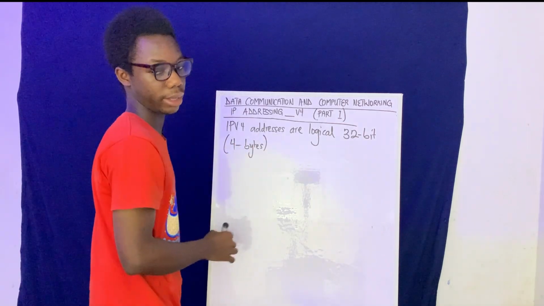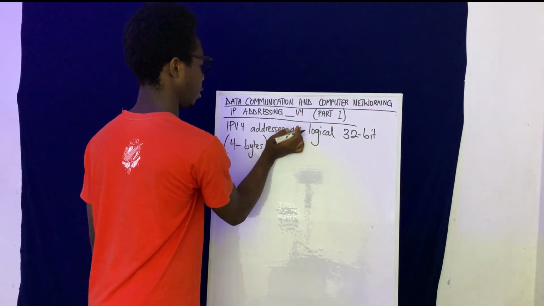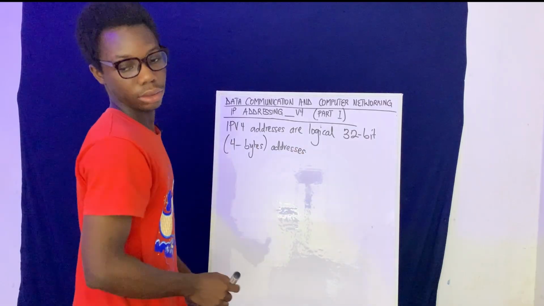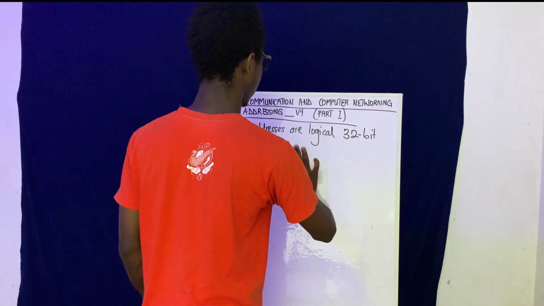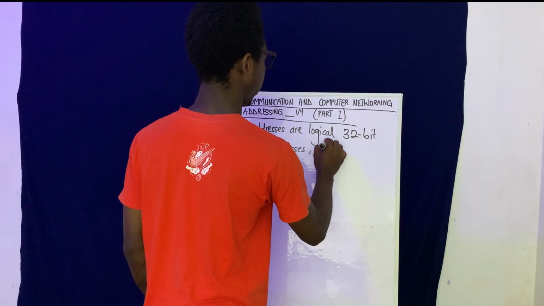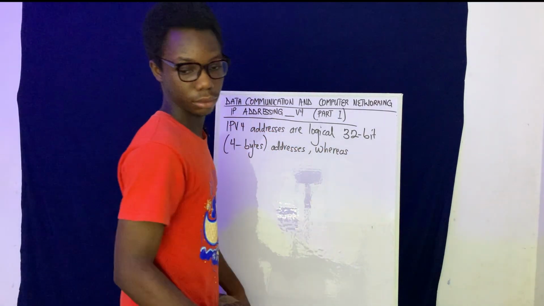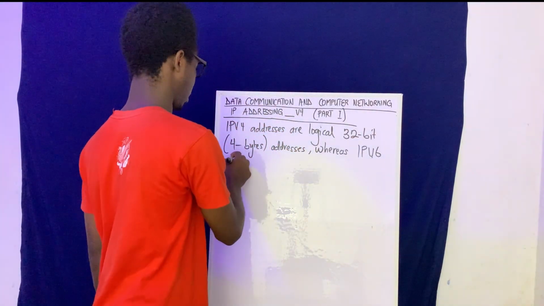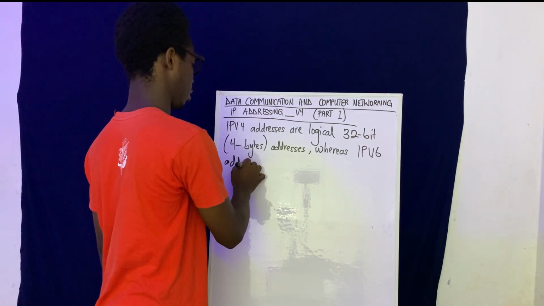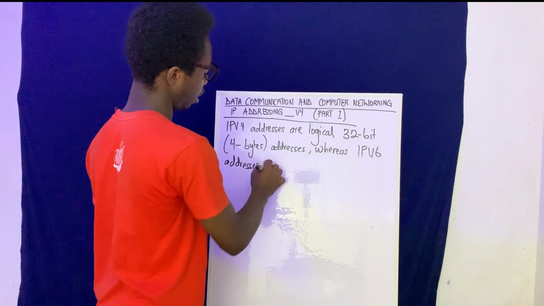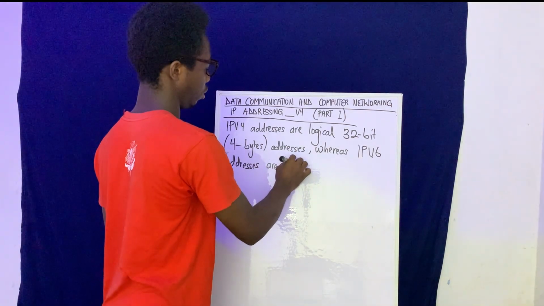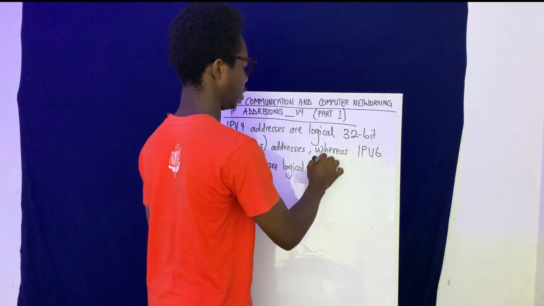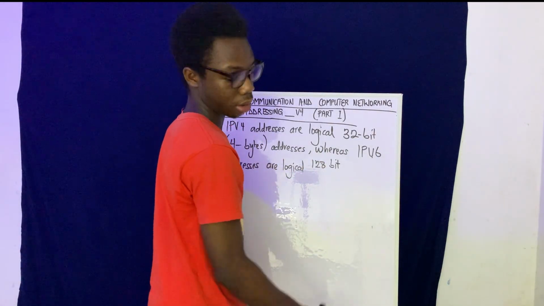So 32-bit, 4-byte addresses. Don't worry, I'll explain them. Whereas IP version 6 addresses are logical, that is 128-bit addresses.